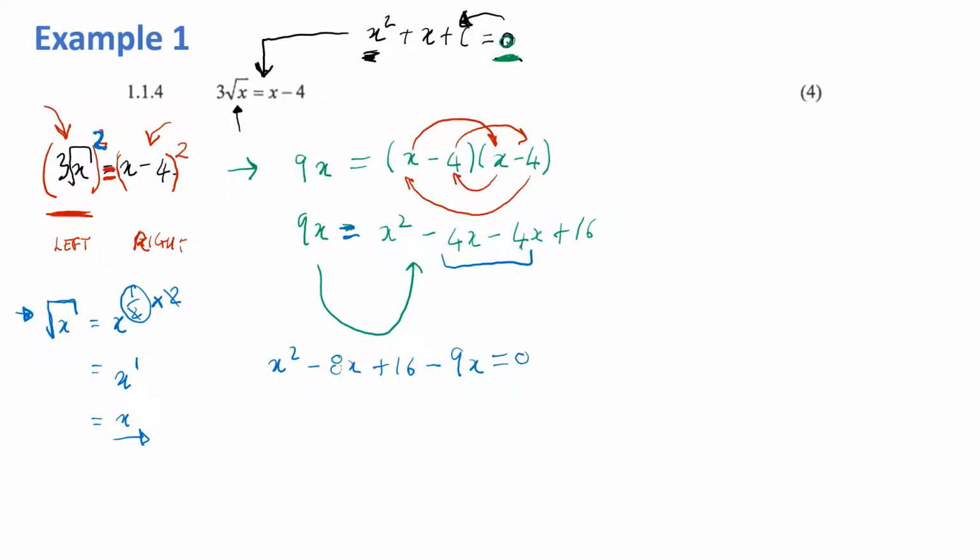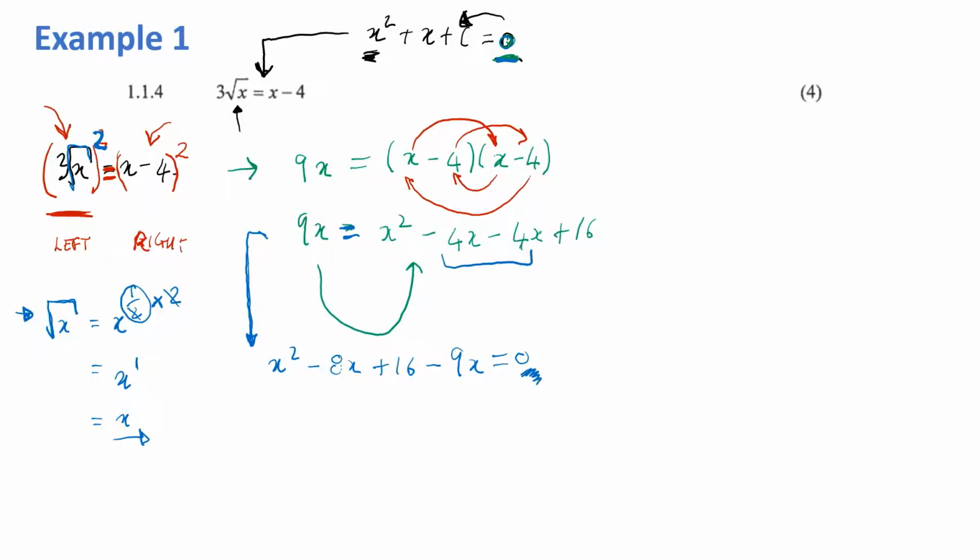Take some time to think about what I did here, as this is very basic and you should really get this right, understand this. All I did is I wanted to write it in the standard homogeneous form. To do that, I first had to get rid of the square root, and then I had to take all the terms with either variables or numbers over so that I can have this homogeneous equals to 0.